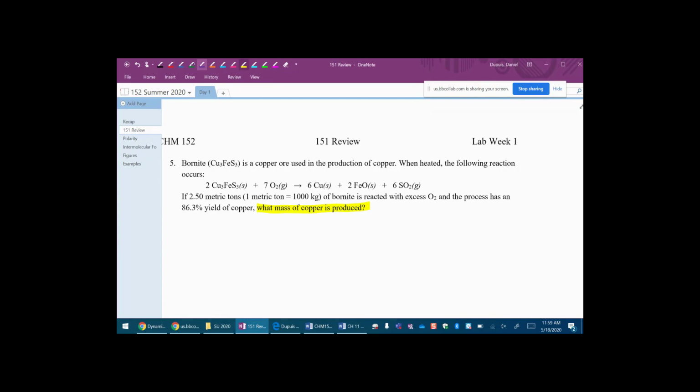No. Why not? Because I have excess O2. So what I start with is this metric tons of this compound. All right, so I have 2.5 metric tons of Cu3FeS3.